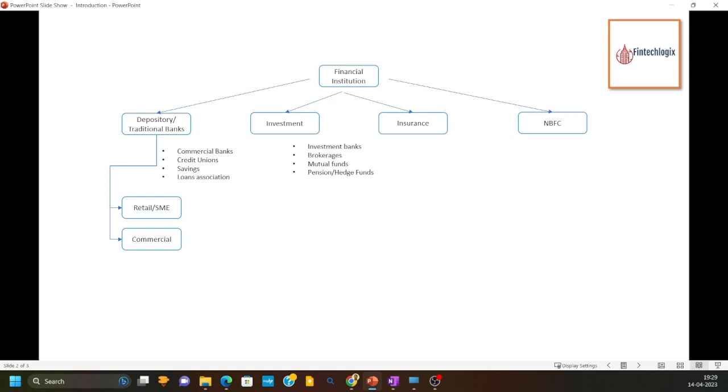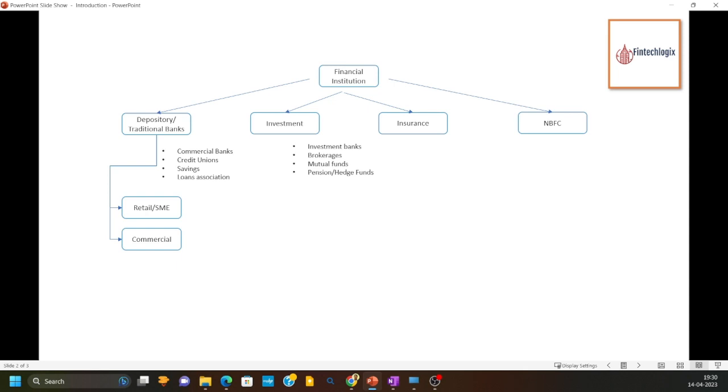These are brokerages. The third one is mutual fund firms. You would have seen a lot of mutual funds being created by these financial institutions. In some cases, they also group the mutual funds given by other financial institutions and provide them to their customers, right?